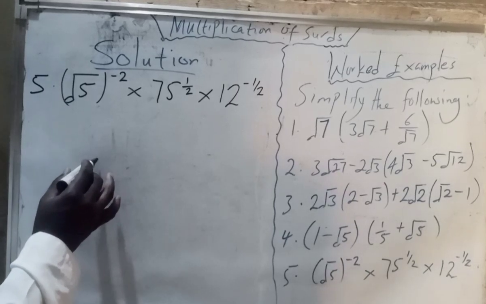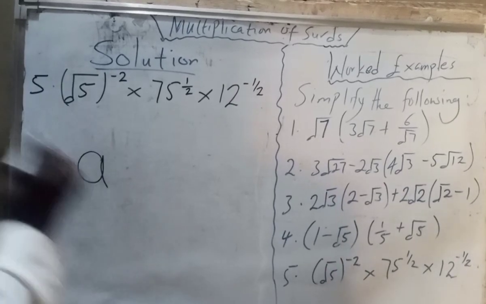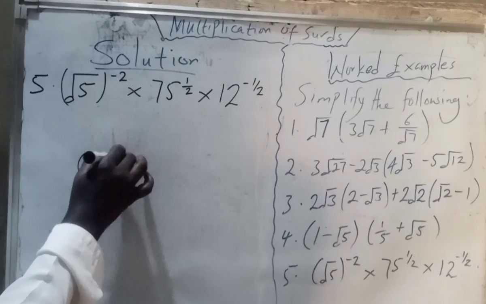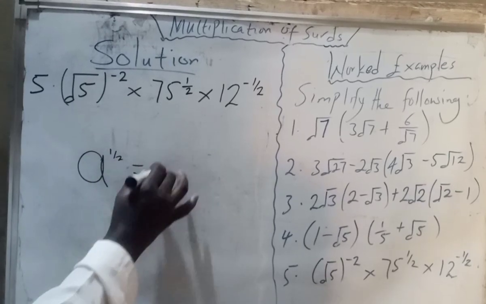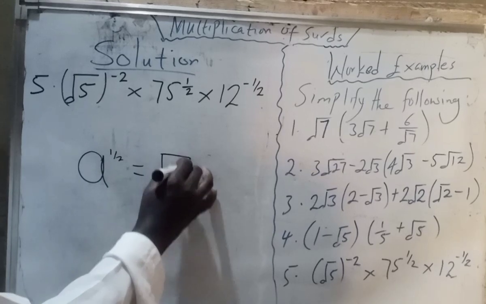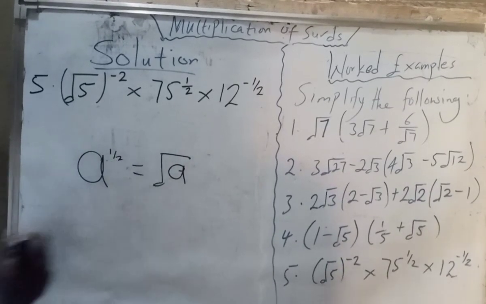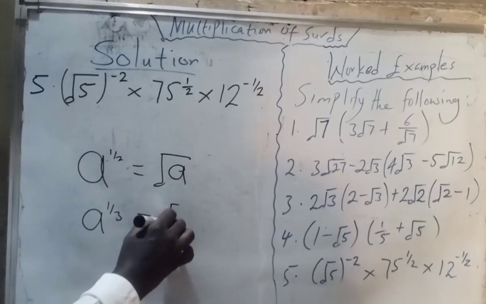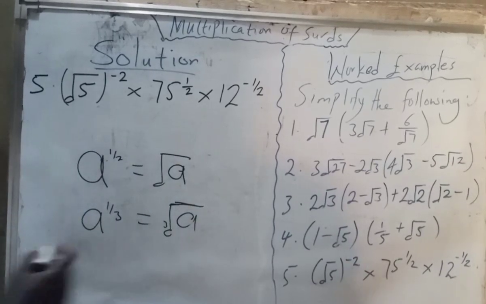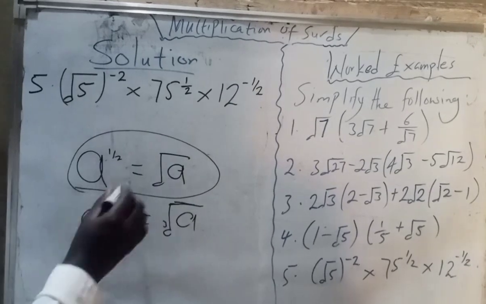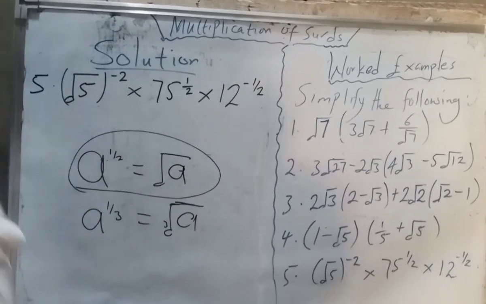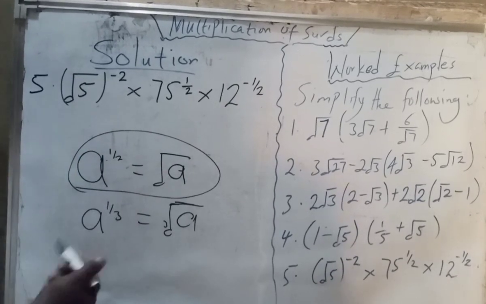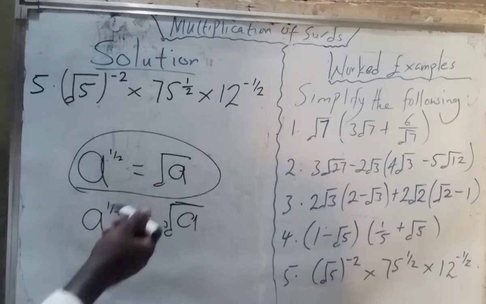If you have a number A, where A stands for any number at all, A exponent half can be written as root A. So A exponent half is the same as root A. If you have A exponent 1/3, it is the same as the cube root of A. Even though our focus is on the first one, the exponent half of any number is the same as the square root of that particular number.